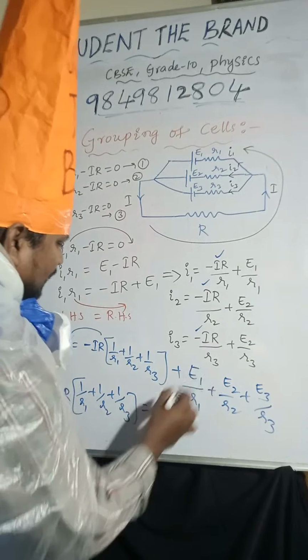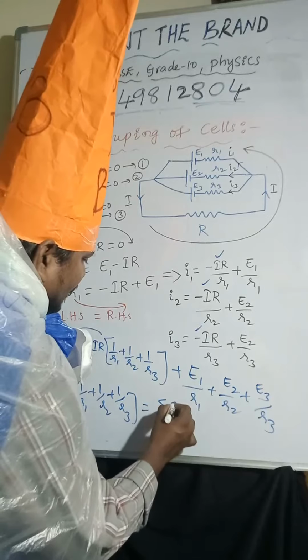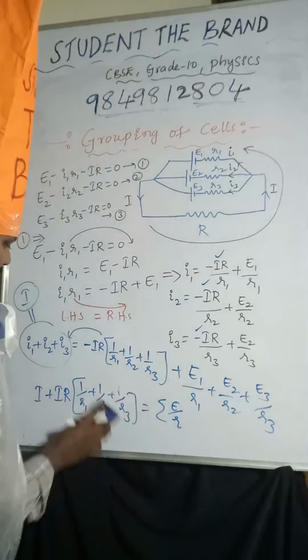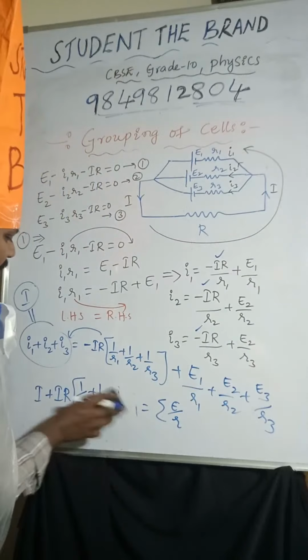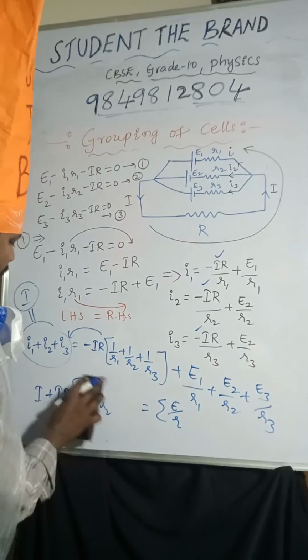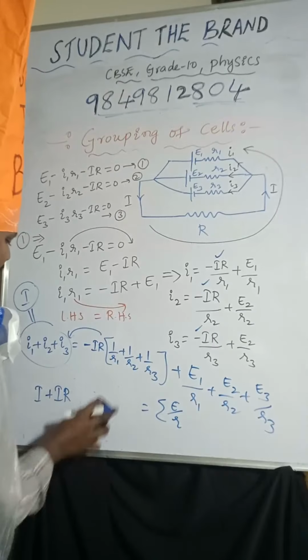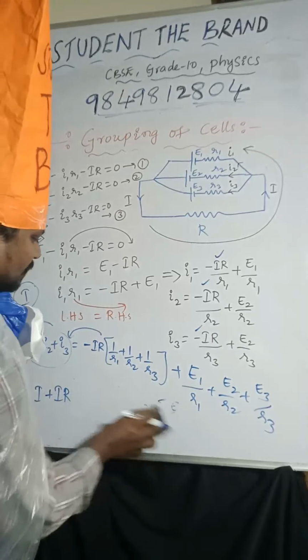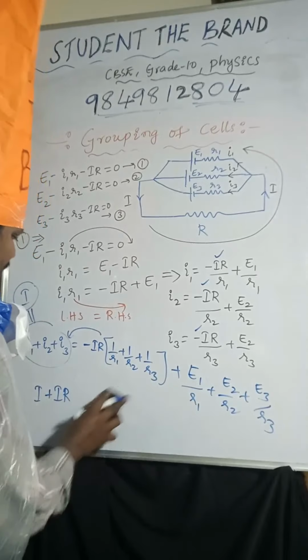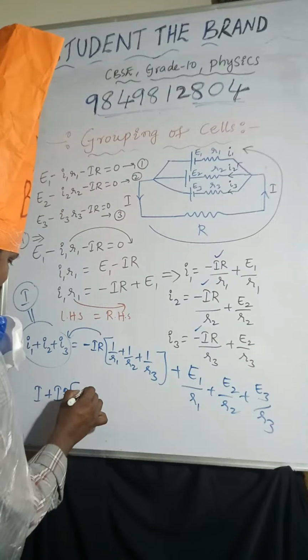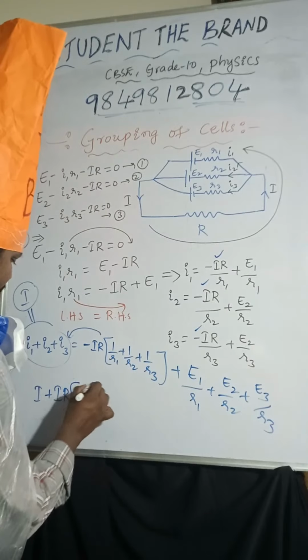This total term we can write as sigma E by R. Instead of writing this complete expression, which I wrote for understanding, we can write sigma 1 by R.